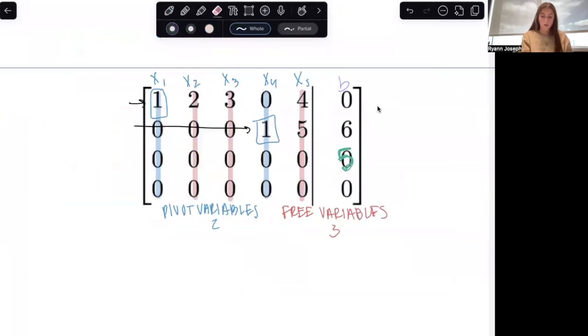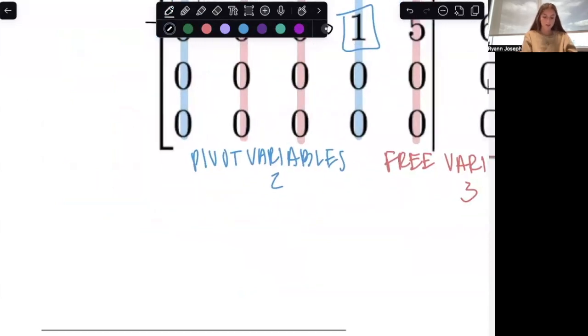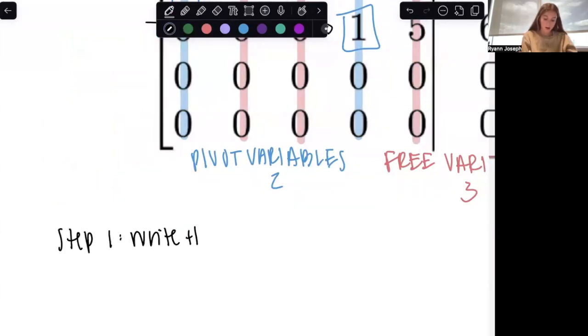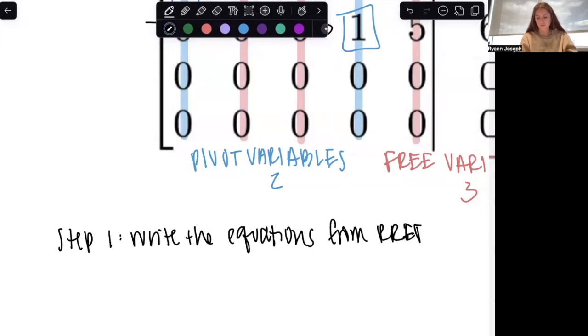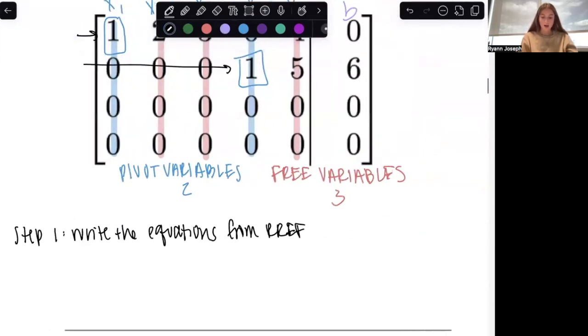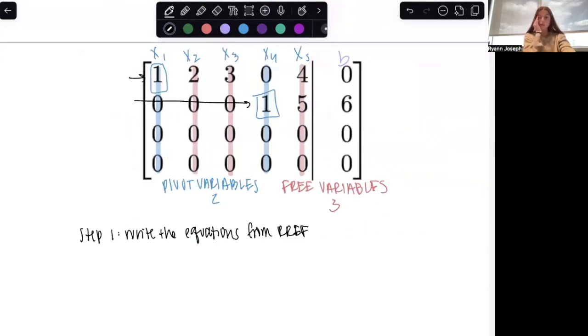Okay, so the way that we write these solutions for infinitely many solutions is, so first step, sorry, I'm just yapping at this point. We want to write the equations that are given to us from the reduced row echelon form. In this case, I'm just going to go row by row because each row is an equation, each column is a variable.